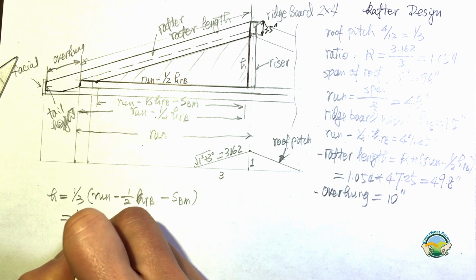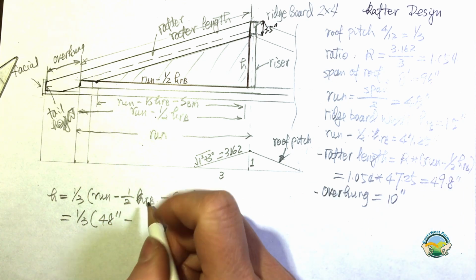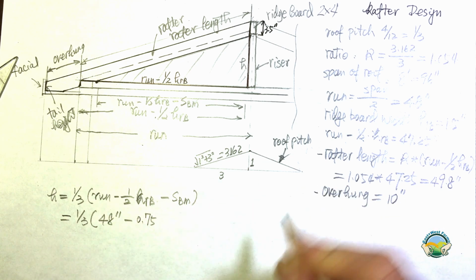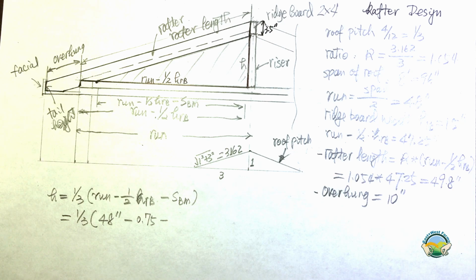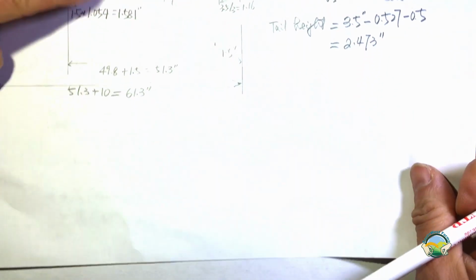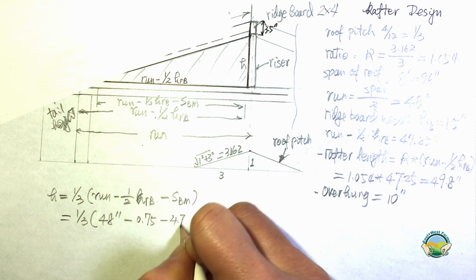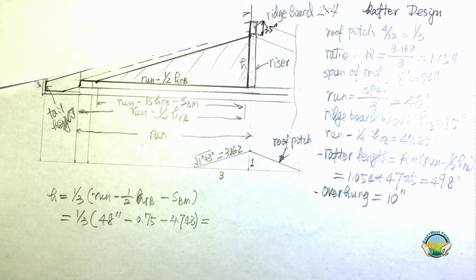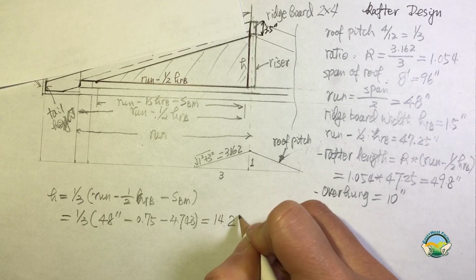And so we know the run is 48 inches. 1/2 of the ridge board is 0.75, and the bird mouth seat we calculated is 4.743, and so we can calculate that. So that gave me 14.2 inches.